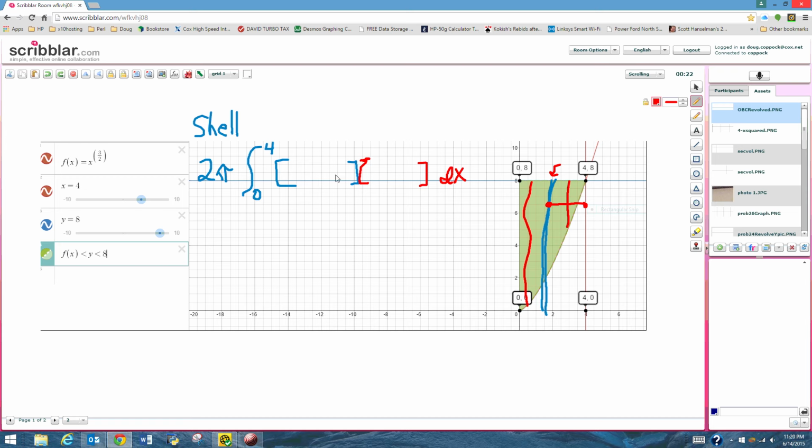So the hard part is figuring out what goes in here for the height, what goes in here for the average radius. So the height, remember, y squared equals x cubed was the original problem. We'd like to solve for y in terms of x, so that's y equals x to the 3/2, because we're going to be finding y distances.